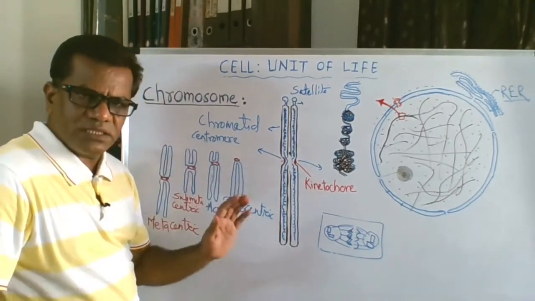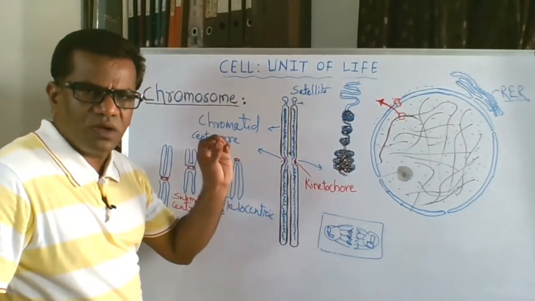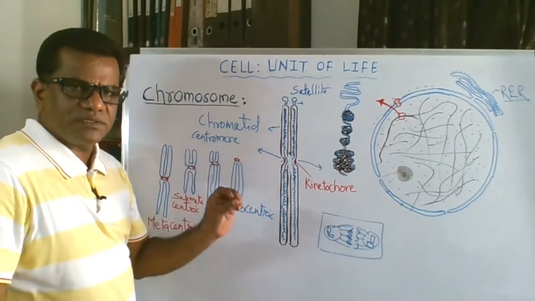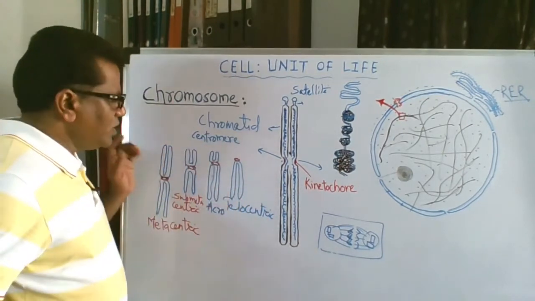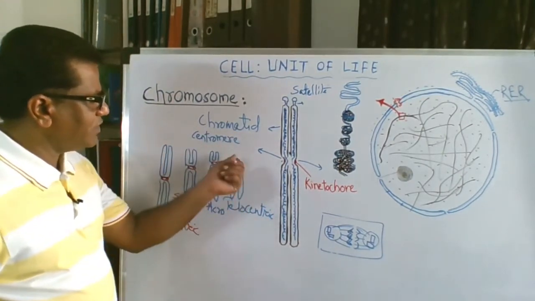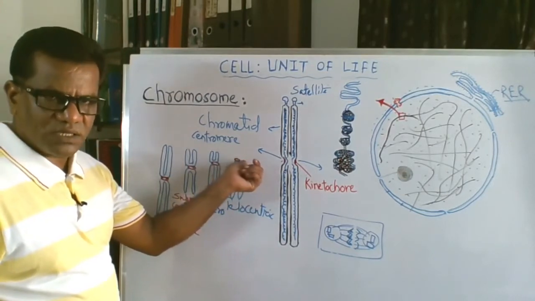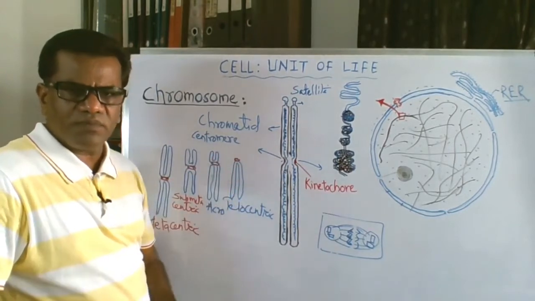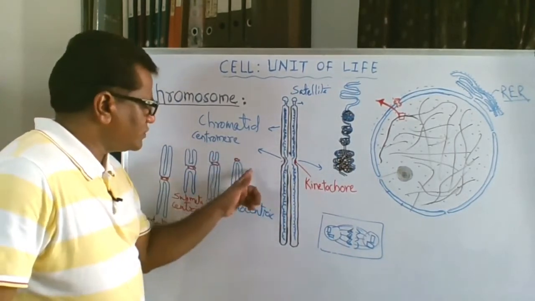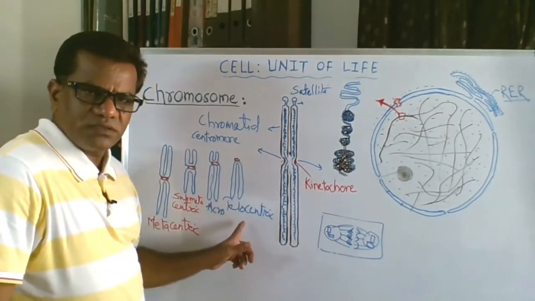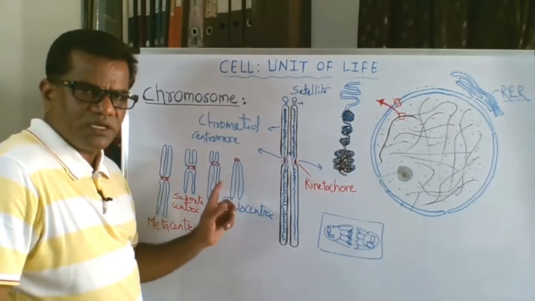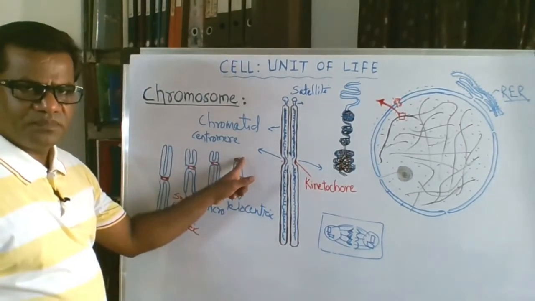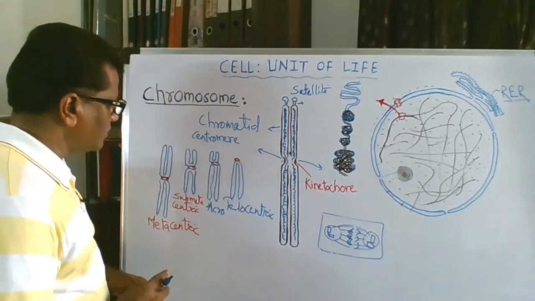They are very few in number, but they do occur. They are present, not absent. Such chromosomes have the centromere at one end. The end position is always called the telomeric position, and therefore the chromosomes are called telocentric chromosomes, where the centromere is present at the end.